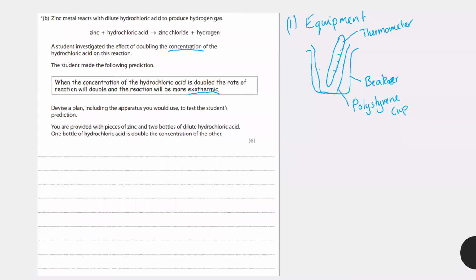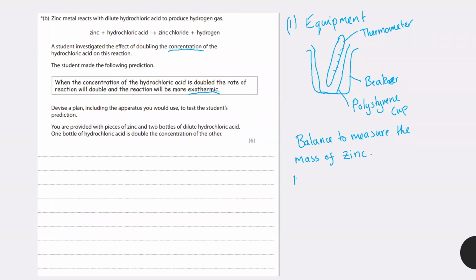We also need a balance to measure the mass of zinc.